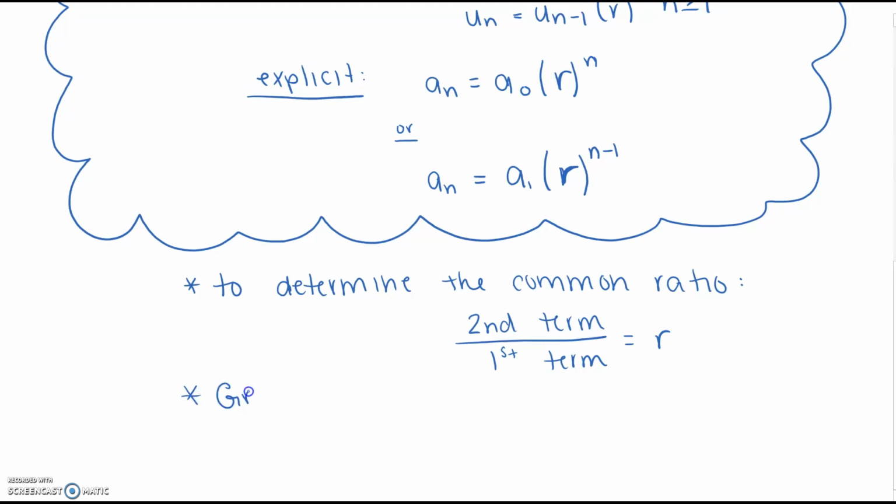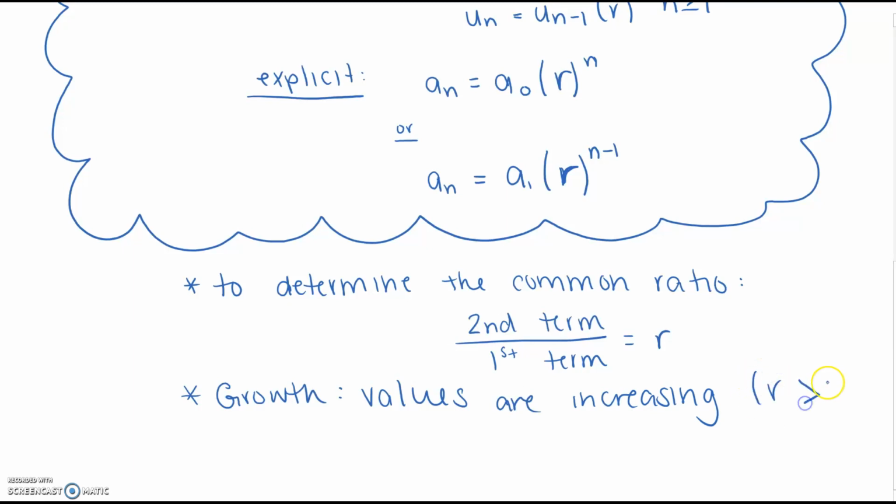You'll have growth, which will occur when the values are increasing. Which means the number you're multiplying by, your common ratio, is going to have to be bigger than 1. Can't be 0.